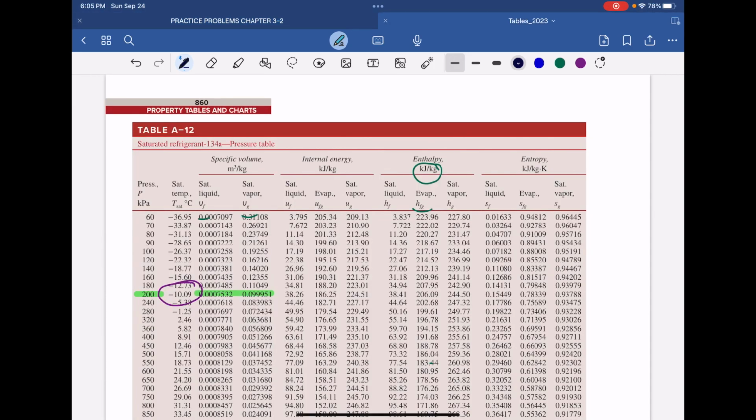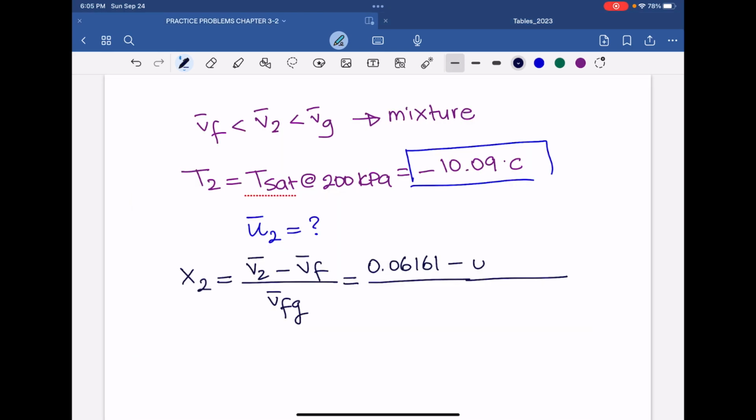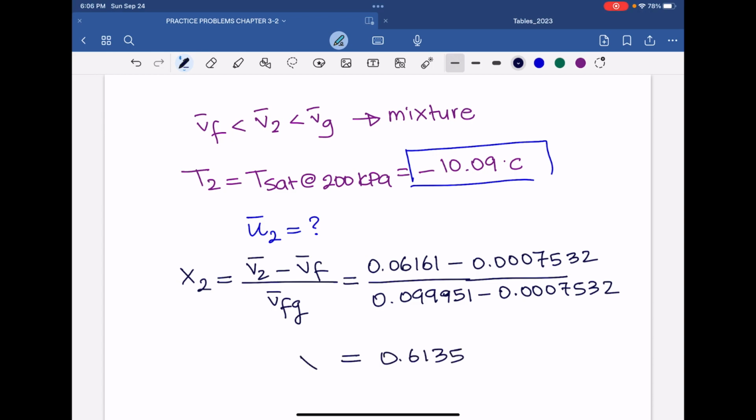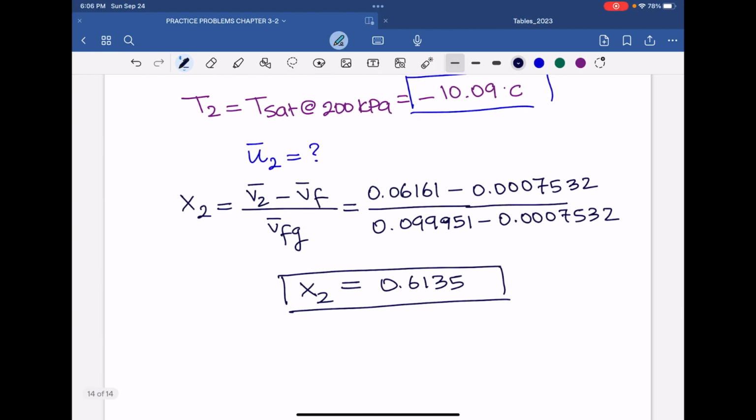Vf is this one, and Vg is this one. Vfg is Vg minus Vf, right? So the quality is basically 0.6135.